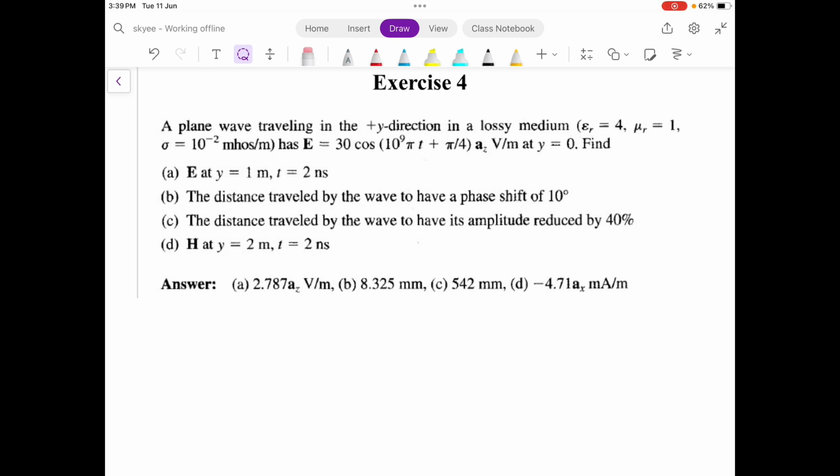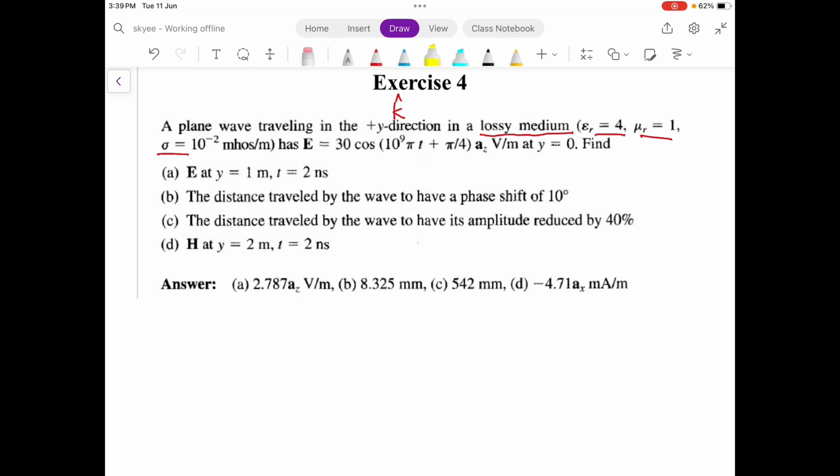Okay, so we look at exercise 4 now. We have a plane wave traveling in the positive y direction, so this is the k, in a lossy medium, with the characteristics listed here, where sigma represents the conductivity.